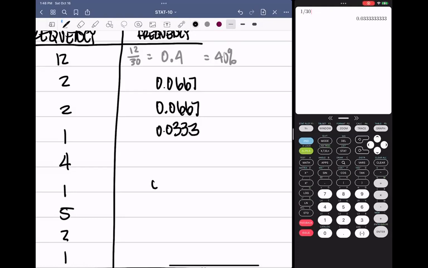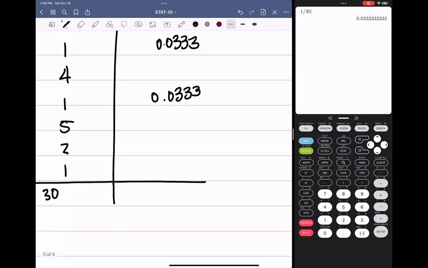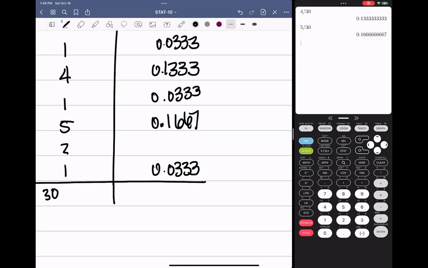And this one is also 1, so this one's also 0.0333. Next is going to be 4. 4 divided by 30 is 0.1333. 5 divided by 30 is 0.1667. And the last one is going to be that 2 divided by 30.